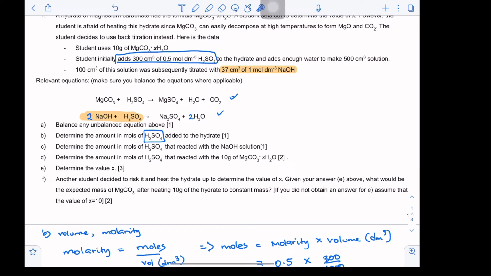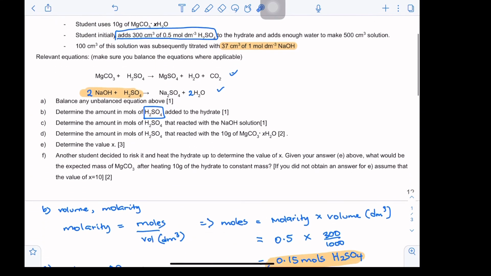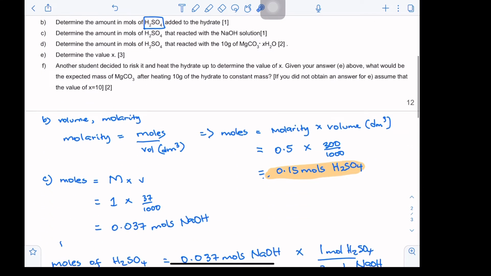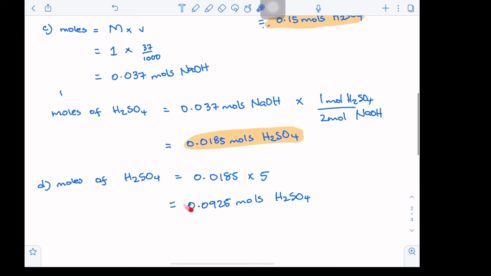So now we know the moles of sulfuric acid that were left over. Moles of sulfuric acid that were left over were this many moles of sulfuric acid. And the reason why it's a different value is because we had to multiply this by 5, since we only used 100 ml out of 500 ml. So in the 500 ml, this is how much was left over.